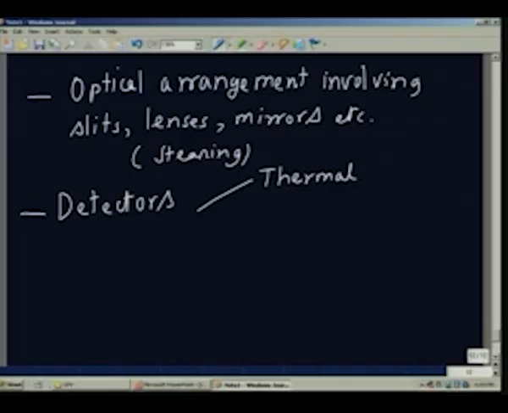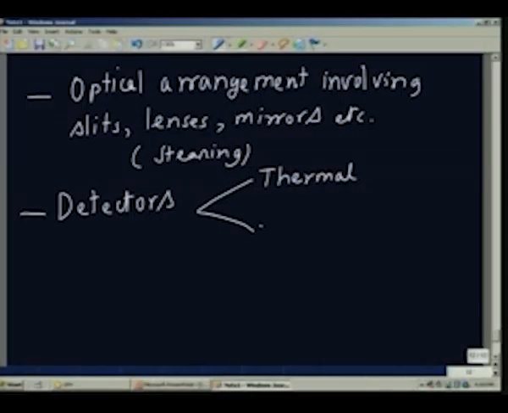We talked about a set of thermocouple junctions being used in the form of a large number of hot and cold junctions, when we were talking about heat flux measurement. So, thermal measurement means the effect of the radiation will be to heat something, and that temperature is going to be measured, and from this I find out the amount of radiation which is falling on it.